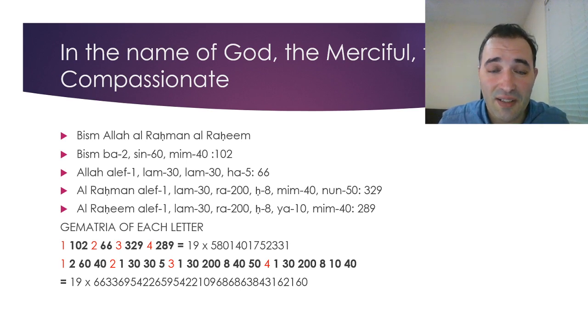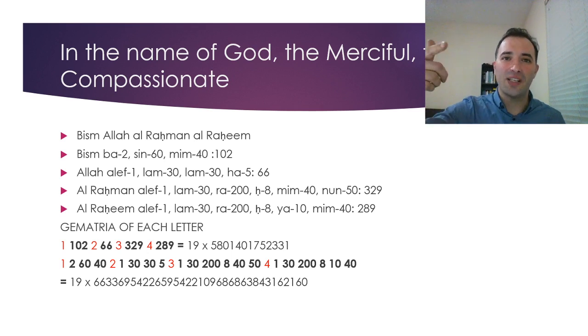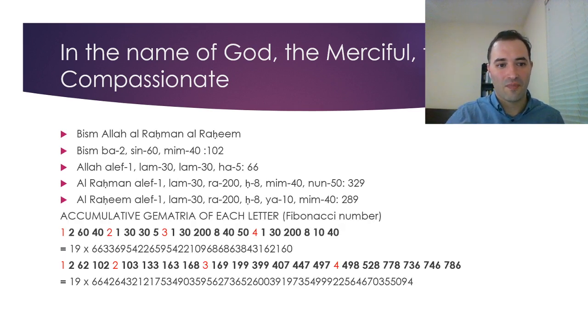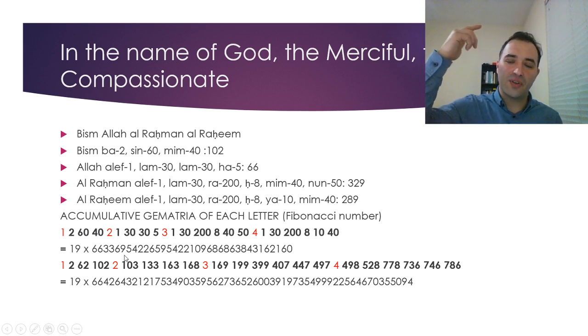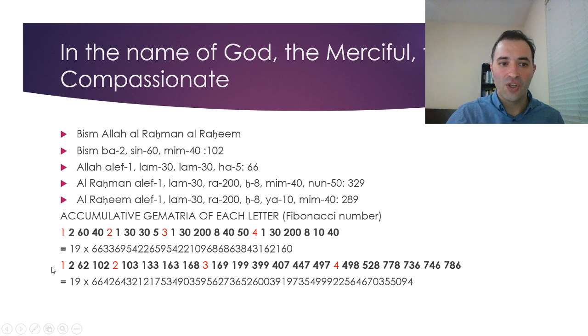Now, let's go more crazy. This is the craziest thing ever. Let's do the accumulative gematria of each letter, Fibonacci number. So instead of having this, let's accumulate like we did in the other verses. So the first word, letter Ba, is number 2. Sin, 60. Instead of 60, I will put 62.